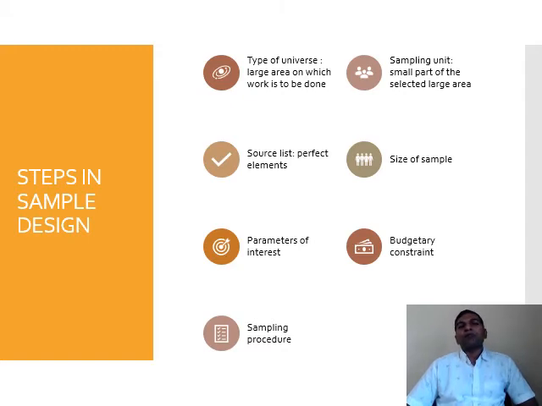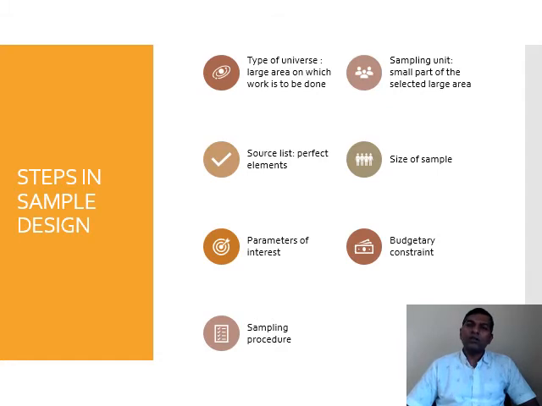Then budgetary constraints. It affects a lot because it depends on how much data we are going to think of as a sample. If we think that 10,000 is the sample size, then we'll be reaching all those 10,000 people in every district, getting the samples from them and accounting for them.